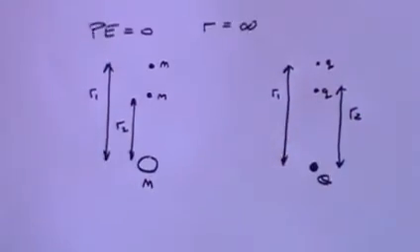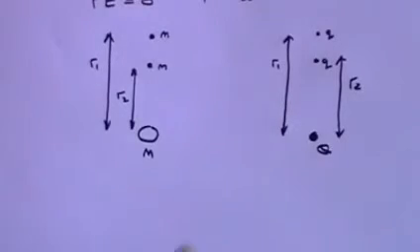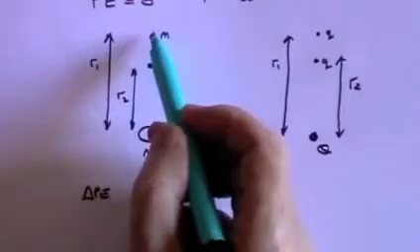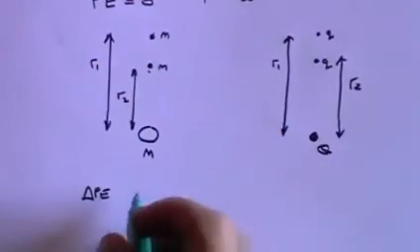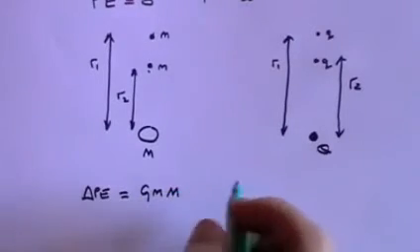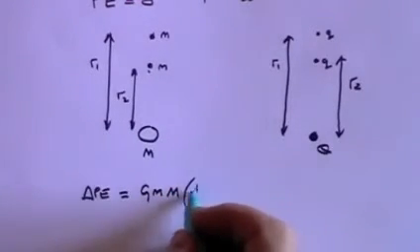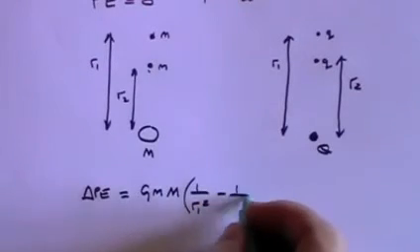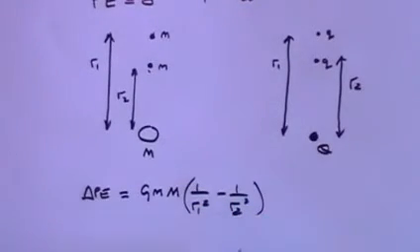And what you can say is that the difference in potential energy between the mass at this point and the mass at that point is equal to GMm into 1 over R1 squared minus 1 over R2 squared.